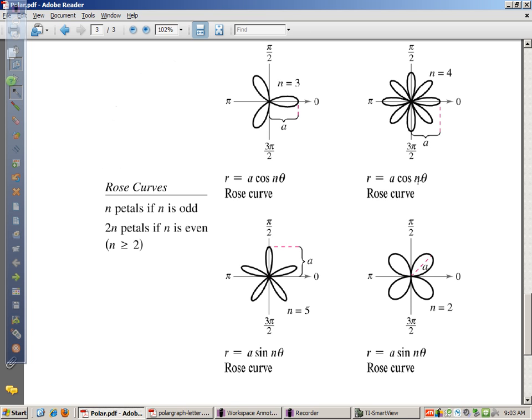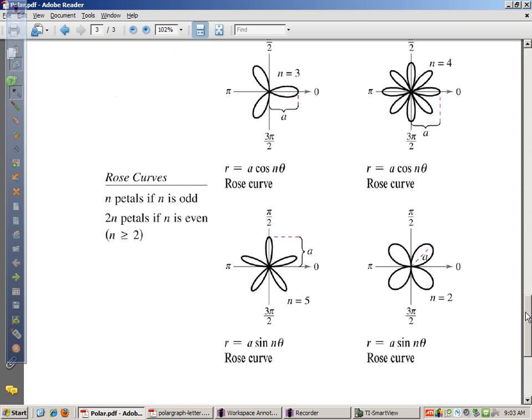If n is even, we get twice that number of petals. So those are our rose curves. So circles, lemniscates, limaçons, and rose curves. And this table's on page 760 of your book. But with polar equations, when you graph them, it's interesting how many different unusual things you come up with.